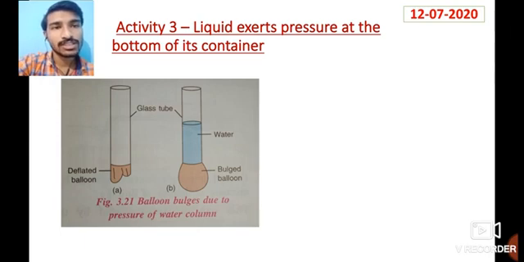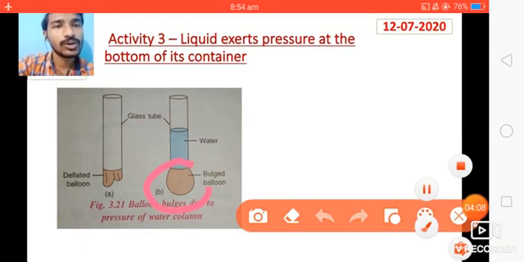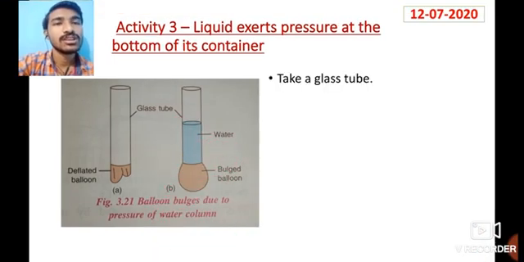Here we have taken 2 glass tubes and a deflated balloon, meaning a balloon which is not blown up. Here in figure B we can see a bulged balloon, and inside this glass tube water is filled. Okay, students, now we are going to conduct this activity when you are back at school. To understand this, let us go through this activity.